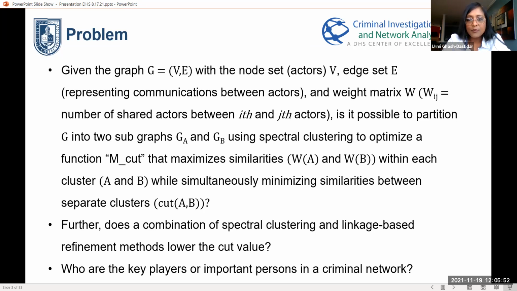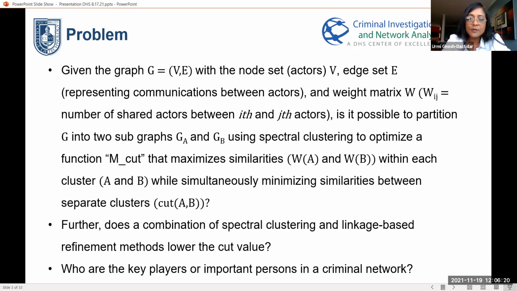And the weight matrix, Wij, gives us the strength of communication between two actors, i and j. And the way we calculated it, we counted the number of shared correspondents between actors i and j.